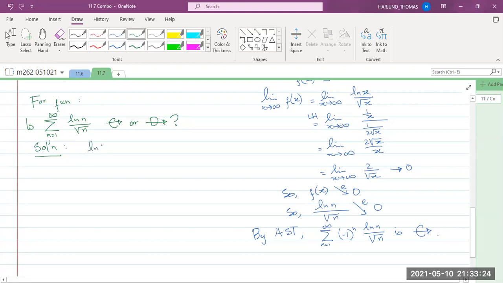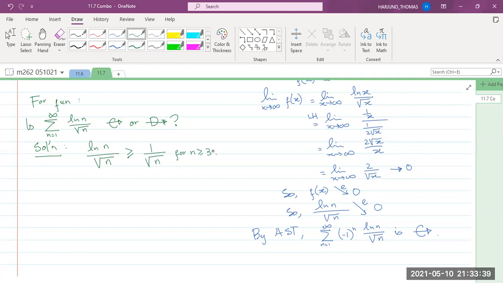Let's take a look at the series. This is greater than or equal to 1 over square root of n for n greater than or equal to 3, right? The numerator approaches 1? No. Actually, the numerator goes to infinity also. Okay, it's bounded below by 1 for certain n.